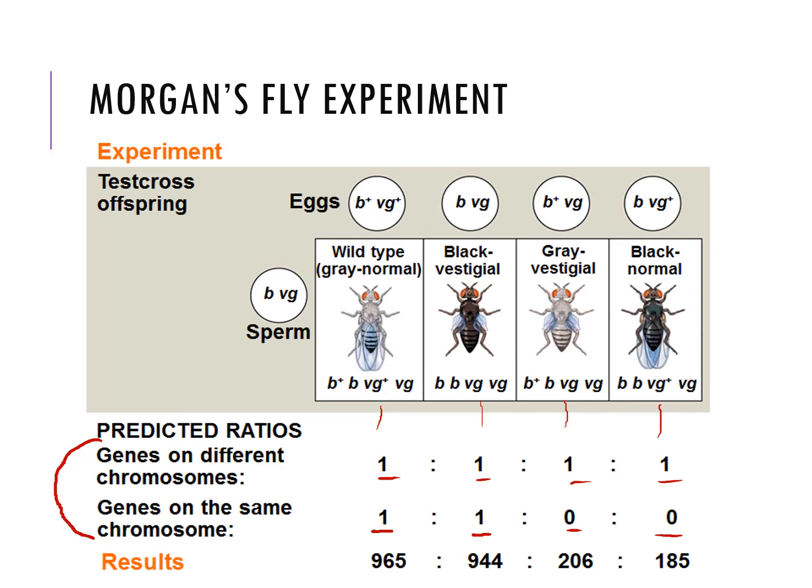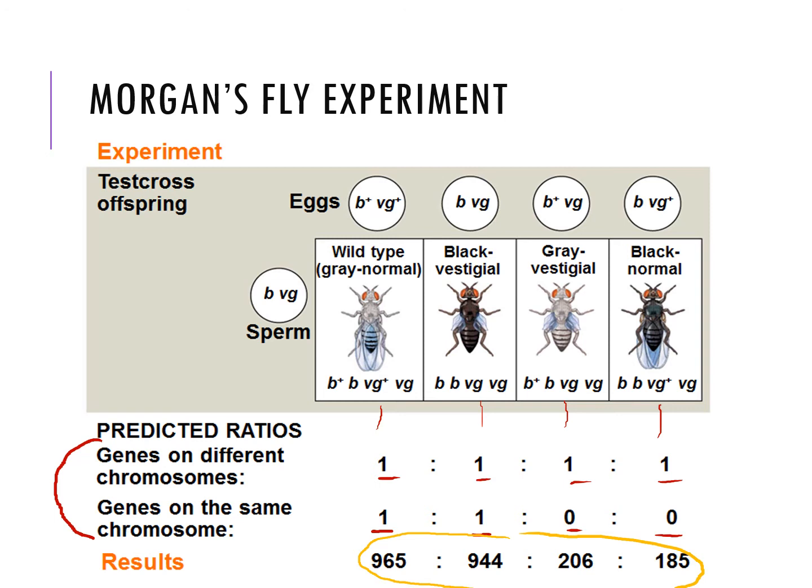At the bottom, we have the actual results, okay? So all of the flies that he encountered, all of the F2 generation, he ended up with 965 wild, so normal, 944 mutant, 206 normal mutants, and 185 mutant normal.